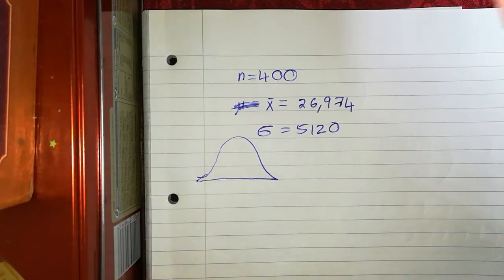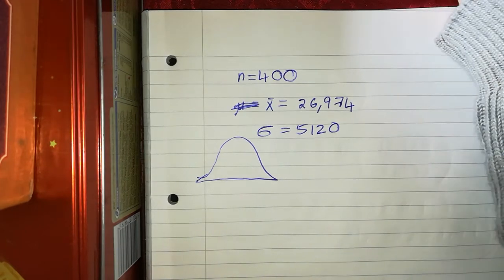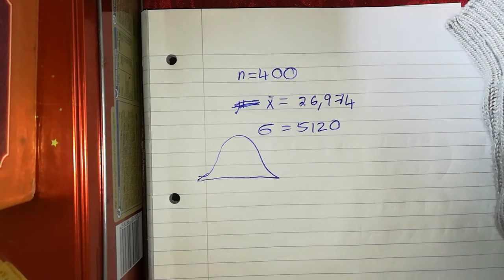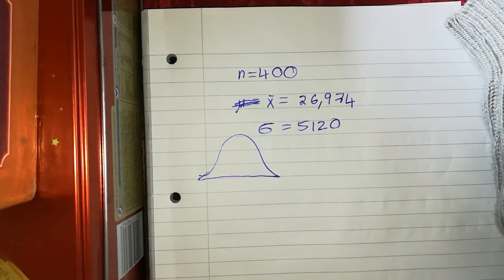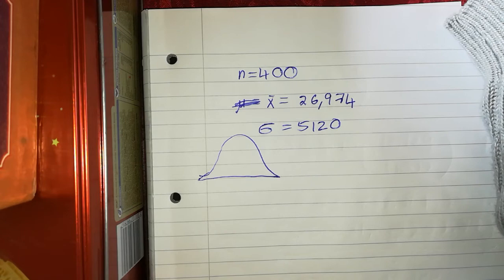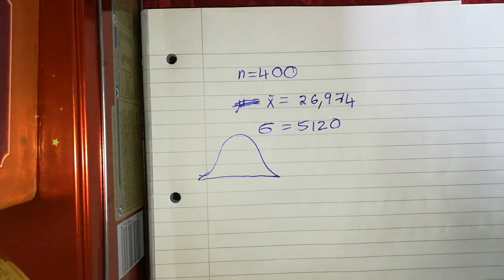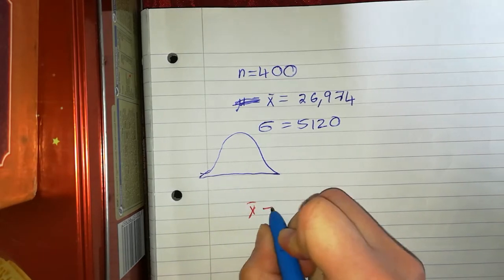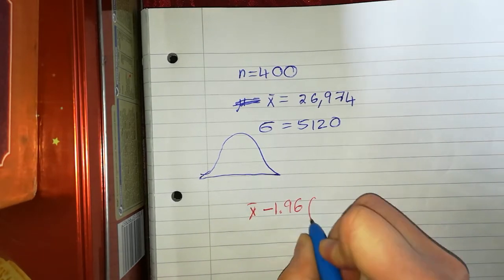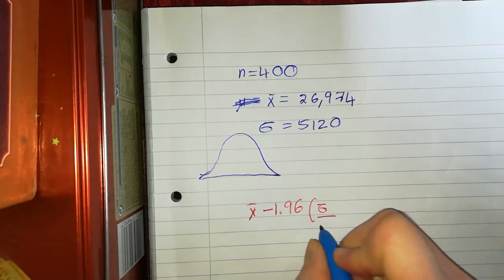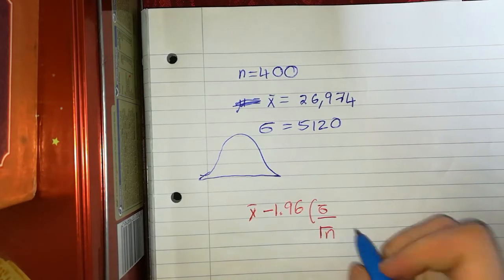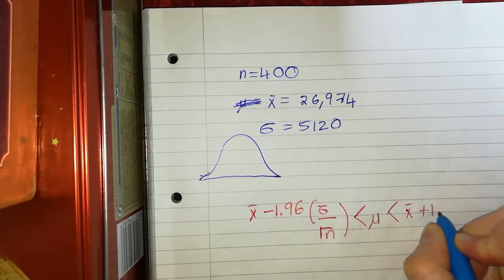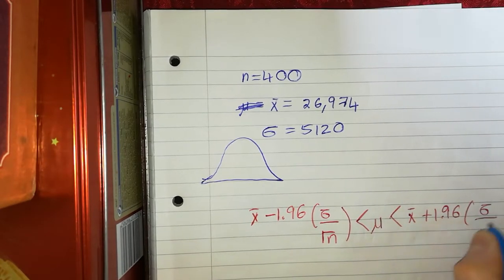So for a 95% confidence interval of the mean, it's going to be the mean I got from my sample plus or minus 1.96 multiplied by the standard deviation of the mean. So it's going to be the mean from my sample minus 1.96 by the standard deviation over the square root of the sample size, and then the mean is between this and the mean plus 1.96 by the standard deviation over the square root of the sample size.